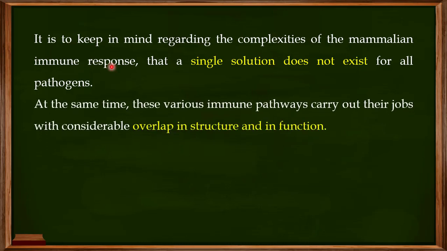But if you look at these immune responses against different pathogenic organisms, these immune pathways carry out their jobs with considerable overlap in structure and function. For example, you will see antibodies against bacteria, but you can also see antibodies against viruses. So there is considerable overlap in structure and function, but there is not a single solution that fits all pathogenic organisms.